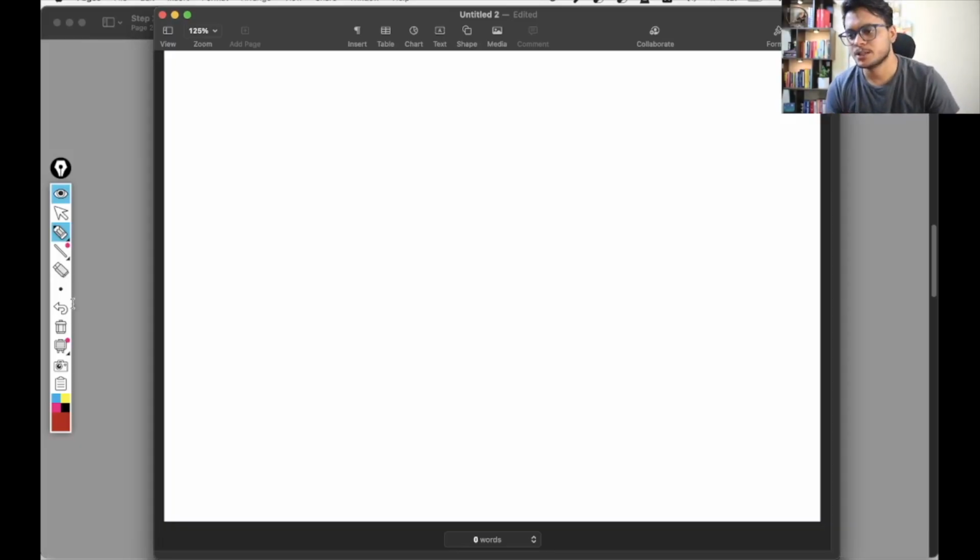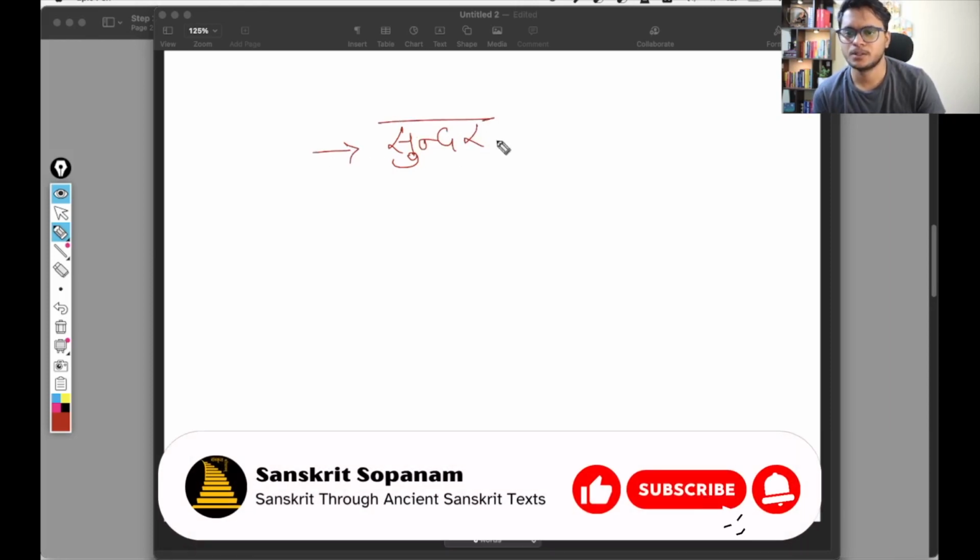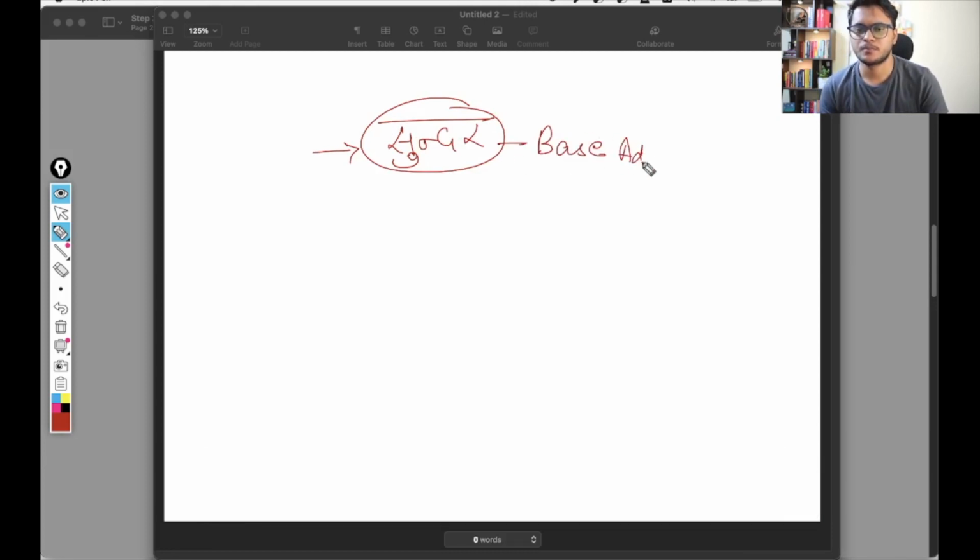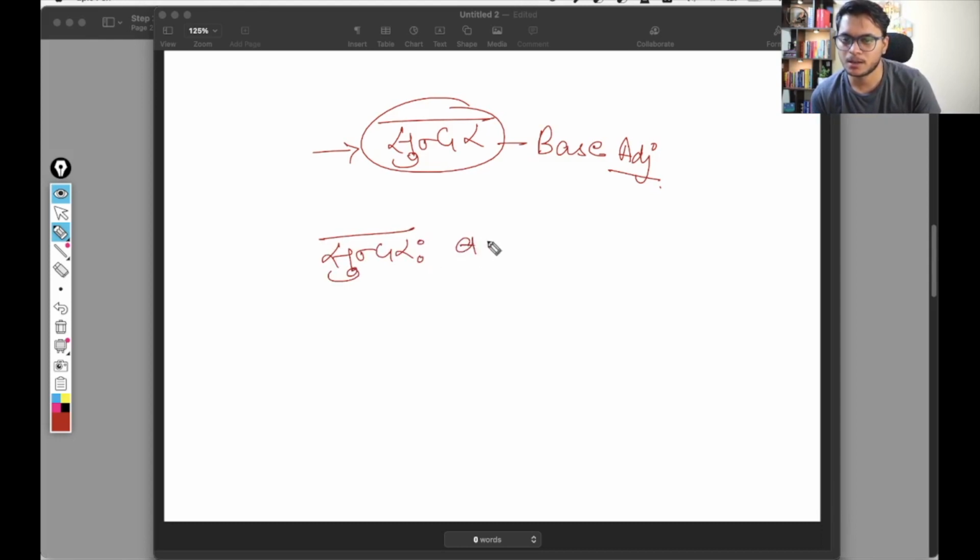Let's understand this with an example. Beautiful in Sanskrit, you can write as Sundar. This is again the base word, and it is an adjective. Sundar means beautiful. So if I'm saying a beautiful boy, I will write Sundarah Balakah.